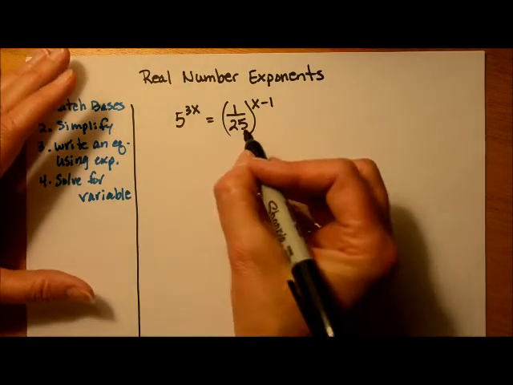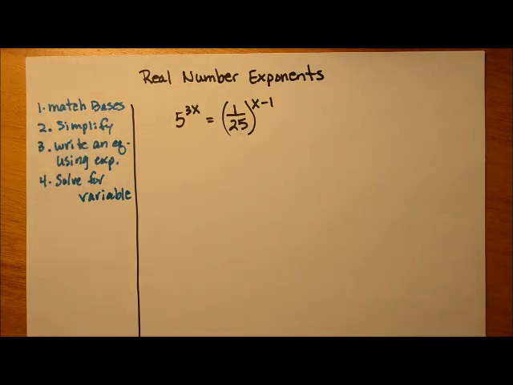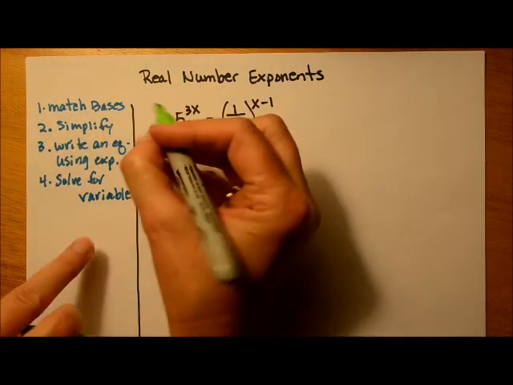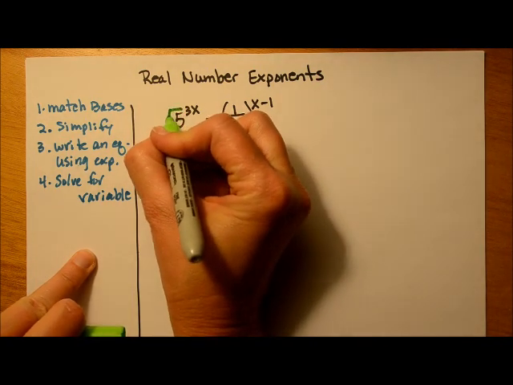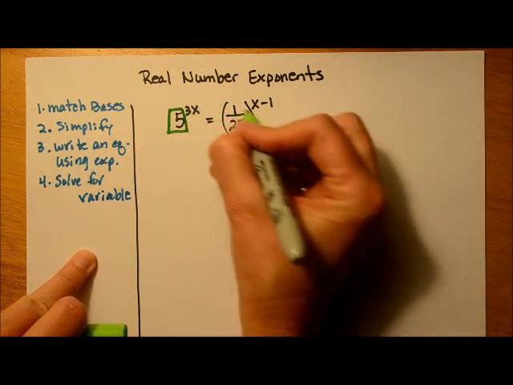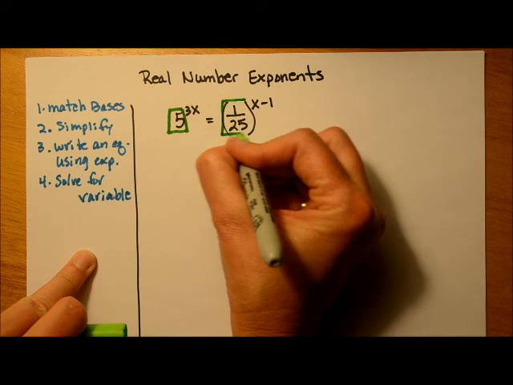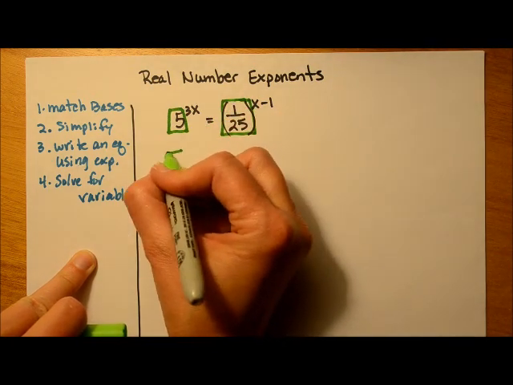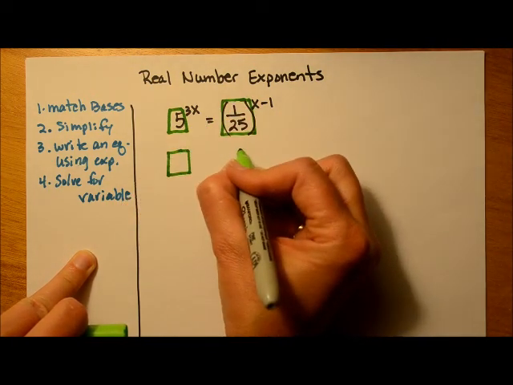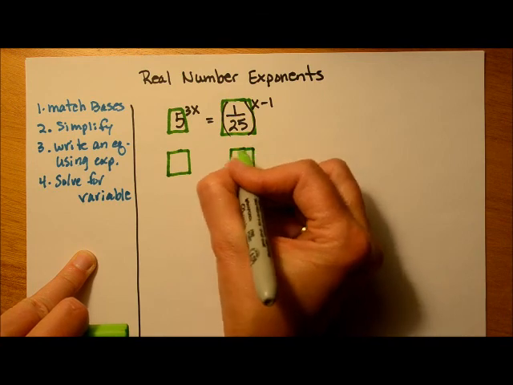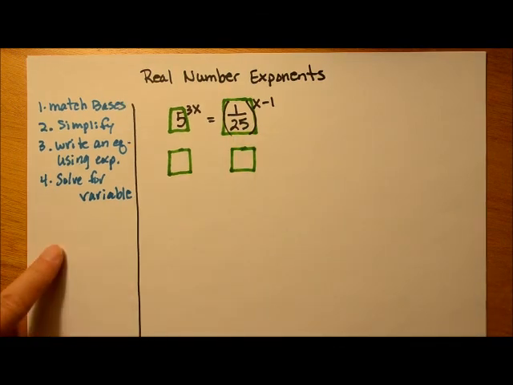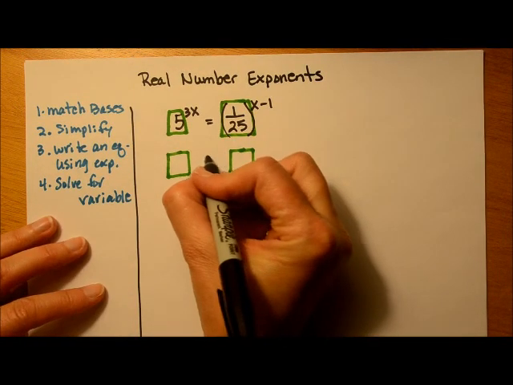All right, well, what I'm going to do is draw those fancy little boxes around again. Around this, my boxes are going to be right here. I have my equal sign.